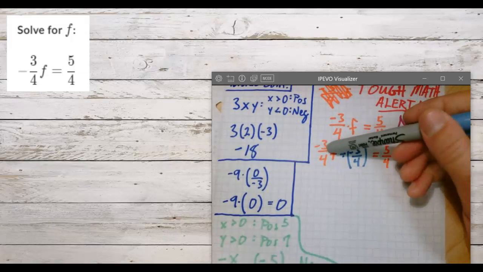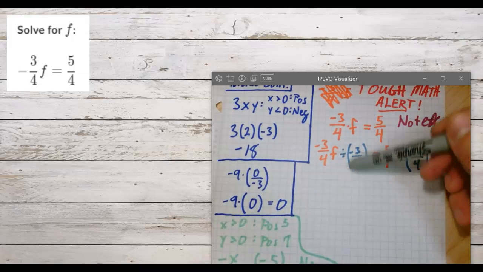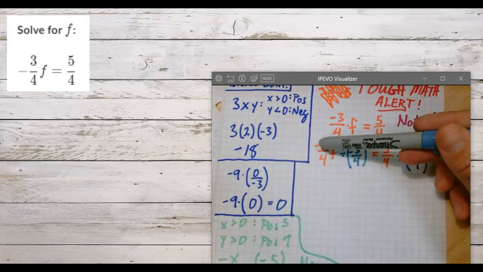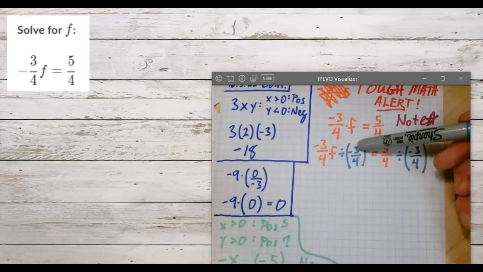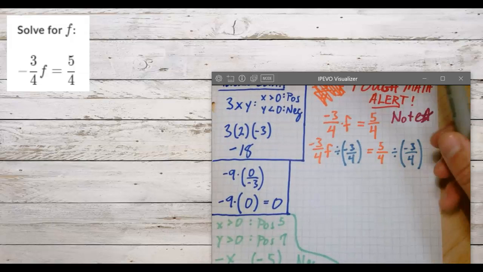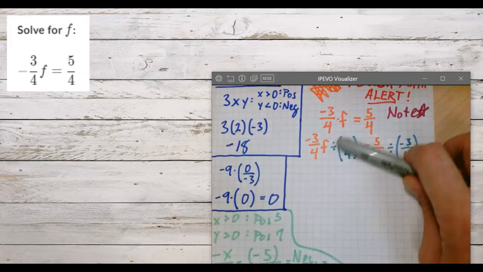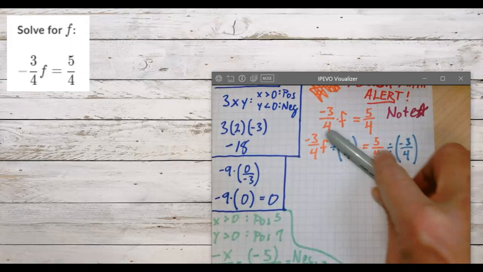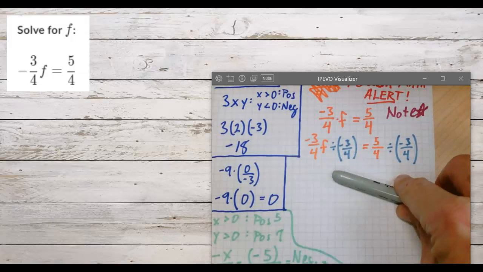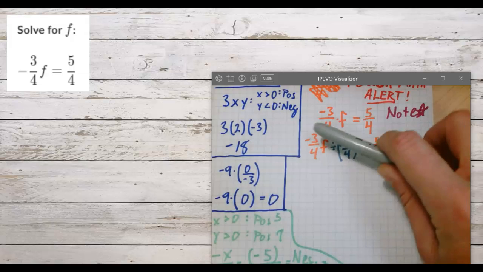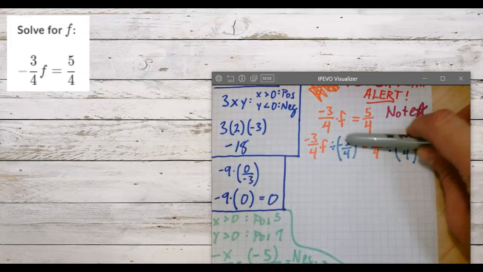Now, a number divided by itself, we could even say this is like 7f divided by 7, right? We could replace one number with another number just to play with it for a minute. A number divided by itself is 1. So this side will give us 1. But how we get there is so confusing for our brain of understanding negative 3/4 divided by negative 3/4.